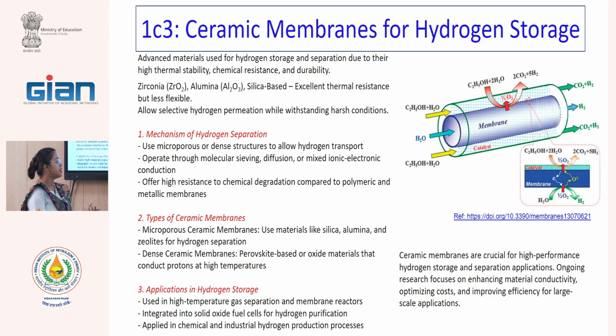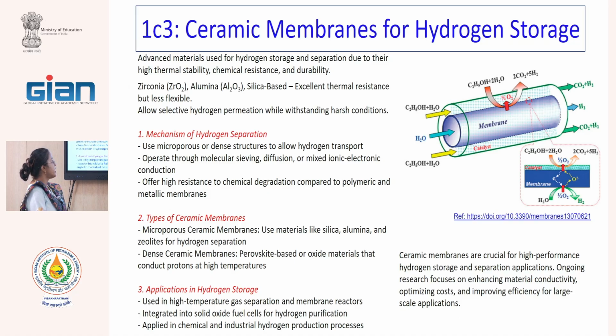But the membrane efficiency is very high only when you use very high temperature, so you need a ceramic type of membrane for this operation. Remember, there is a catalyst coating on the surface, and that is enhancing the separation or generation of hydrogen through this scheme.